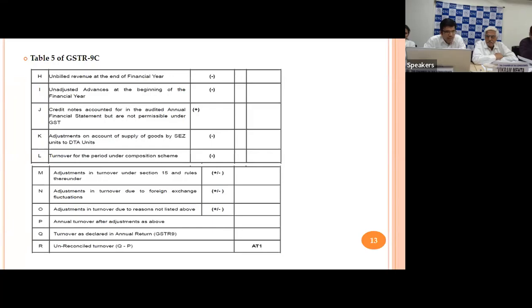That is one way of showing it, and then in the unreconciled turnover reason you can write that rupees 30 tax has already been declared and paid in December 22 returns.